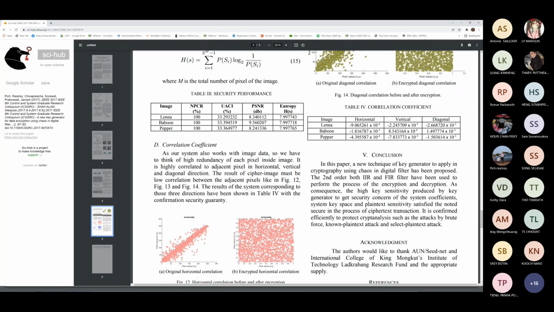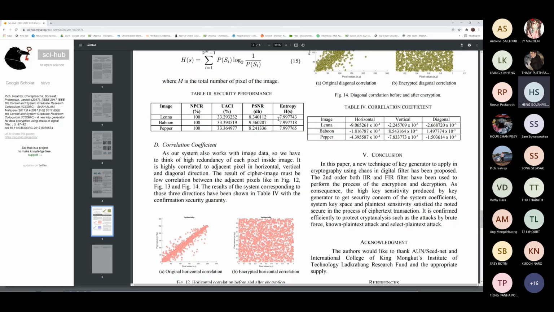In this case, image cryptography, I use histogram, number of pixel changing rate, pixel signal noise ratio, and entropy. These are the methods that I use to analyze the qualification of my system, whether my system is good or not.